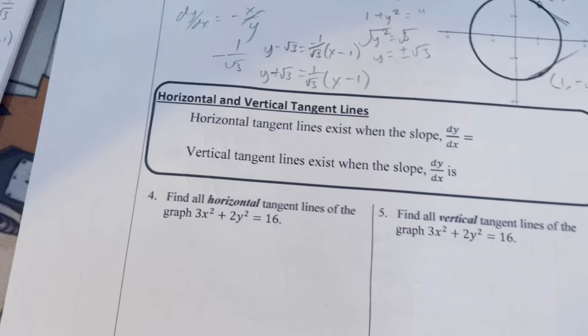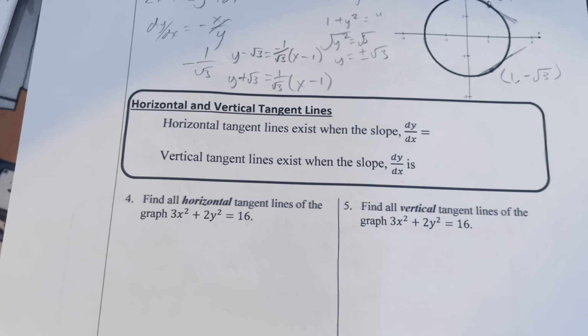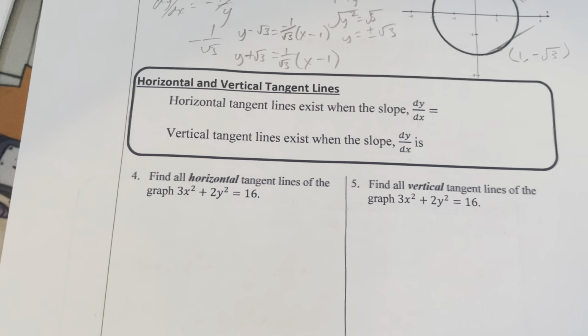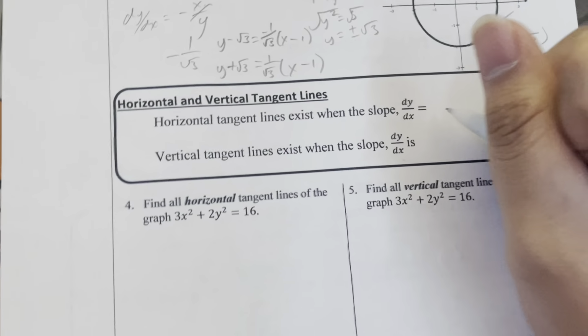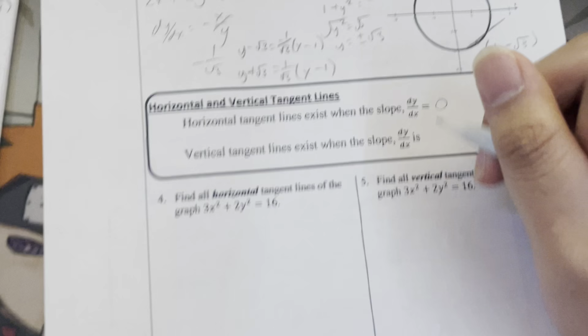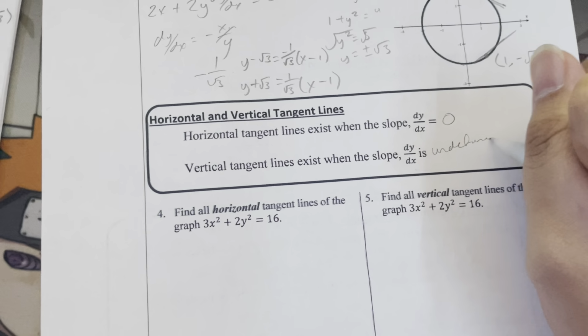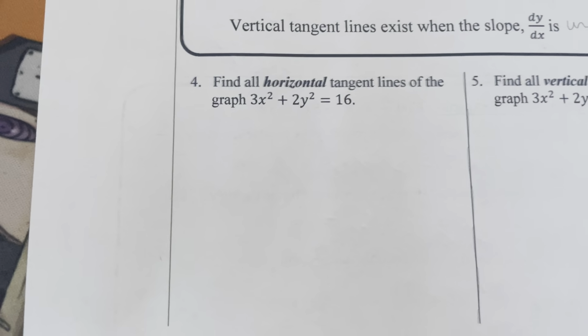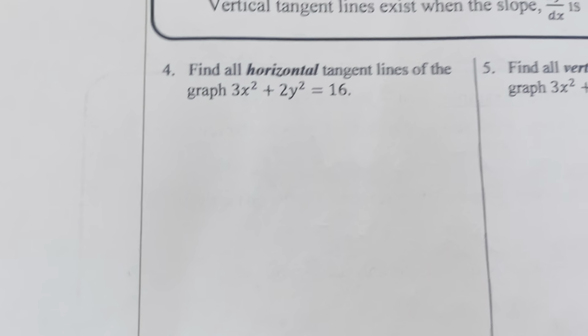Horizontal and vertical tangent lines. Horizontal tangent lines exist when the slope dy dx equals 0, and vertical tangent lines exist when the slope dy dx is undefined. So here, find all horizontal tangent lines of the graph 3x squared plus 2y squared equals 16.